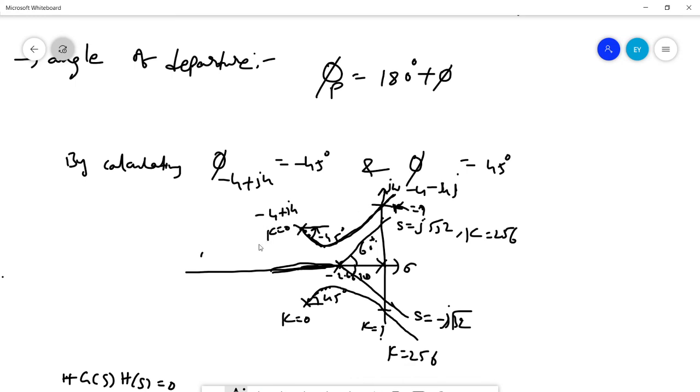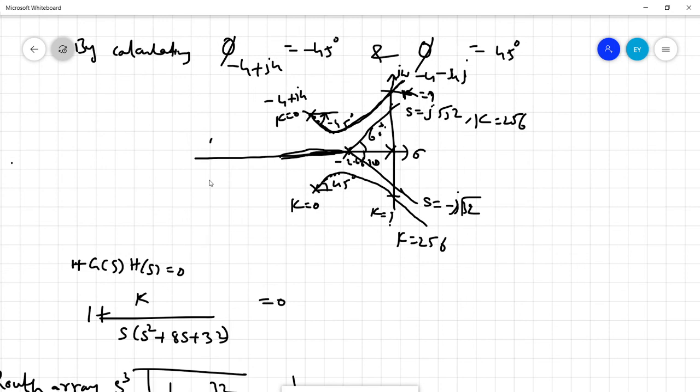So what we know is, as we are varying k value from 0 to infinity, root locus starts from the poles and ends at infinity. So we need to know what value of k is meeting at the imaginary axis. For this sake, we need to apply the Routh-Hurwitz criteria.